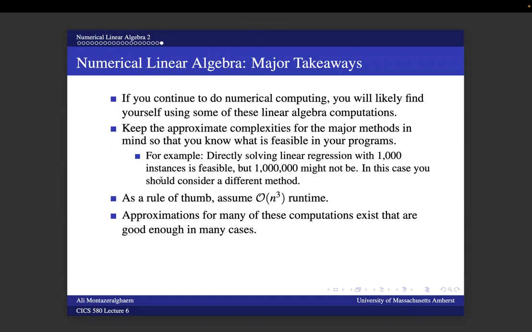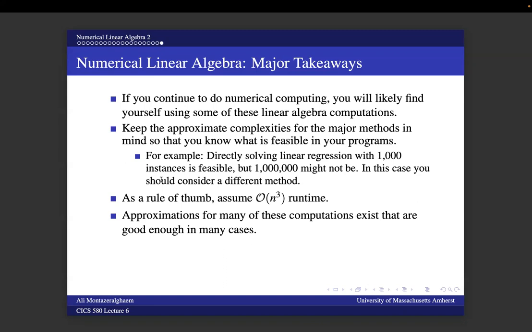A major takeaway from numerical linear algebra is that if you continue to do numerical computing in your research or in your course, sometimes you need to use linear algebra computation.